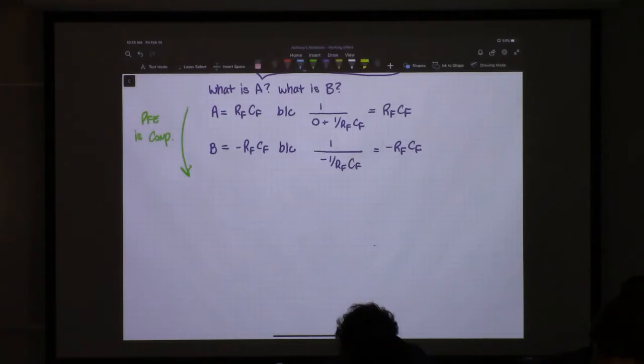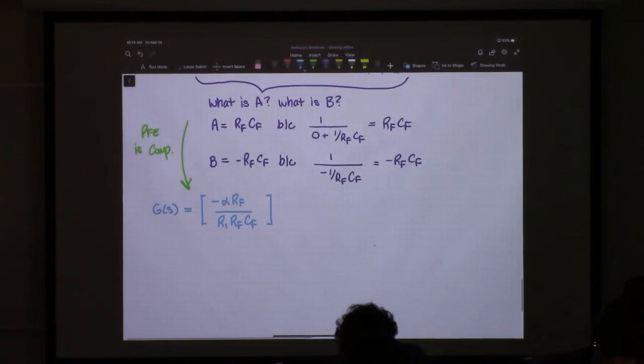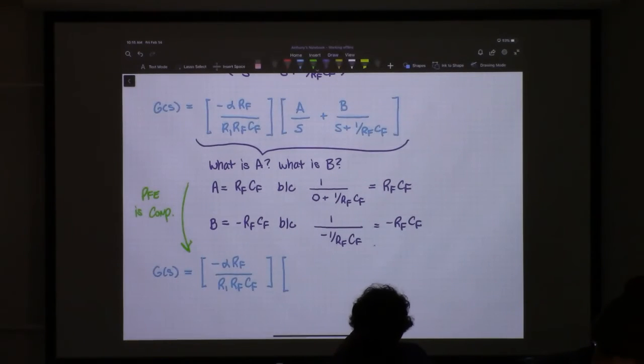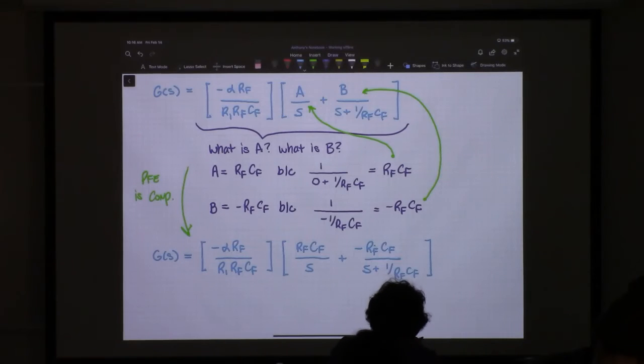All right, and so what we end up with is g of s is equal to, we have to not forget about our little beginning part, so negative alpha RF over... Okay, and then now what we have is... and this is good because you can see now we have added components that all fit with the forms that we see in the Laplace table, right?